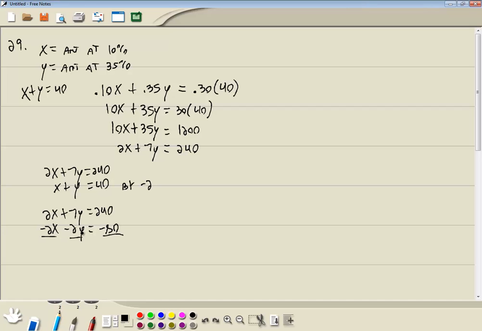2x minus 2x drops away. 7y minus 2y is 5y. 240 minus 80 is 160. Divide both sides by 5, and we get y equals 32. So it'd be 32, and add up to 40, so x would be 8.